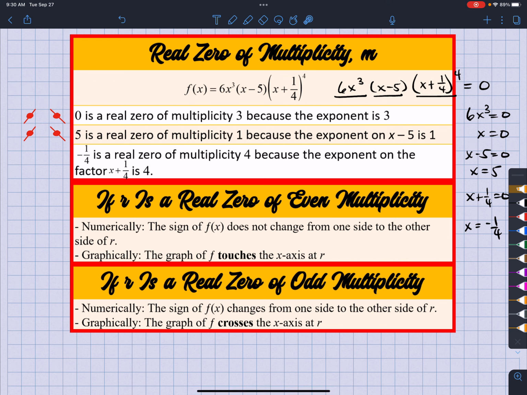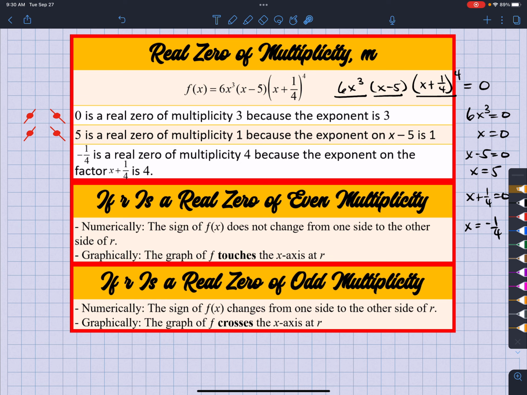Now, over here it says negative 1/4 is a real zero. Notice it says negative 1/4 right here. So negative 1/4 is a real zero with a multiplicity of 4. See this right here? The power is 4, so the exponent is 4. That's why that is. However, it says it's even.